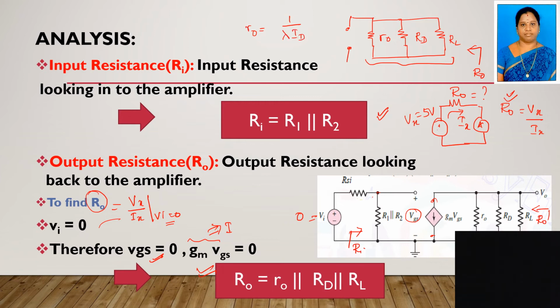Okay, this is the formula for calculating R0. This lambda is nothing but the channel length parameter, and this ID is nothing but the drain current, right? Okay. Then we are going to find out what is AV, the voltage gain.